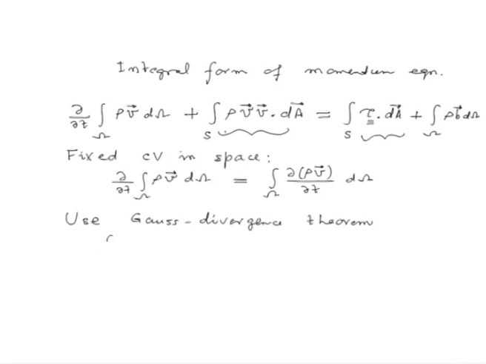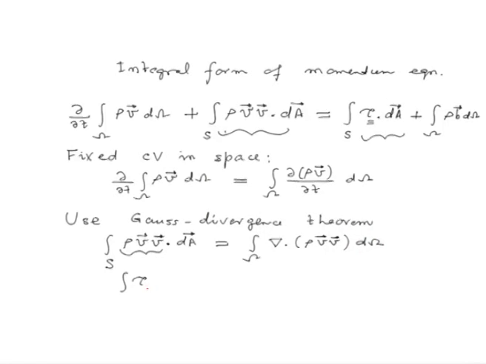The application is very simple. The surface integral of rho v v dot dA is equal to the volume integral of what? Divergence of whatever we get to the left of our dot operator. So, divergence of rho v v d omega.